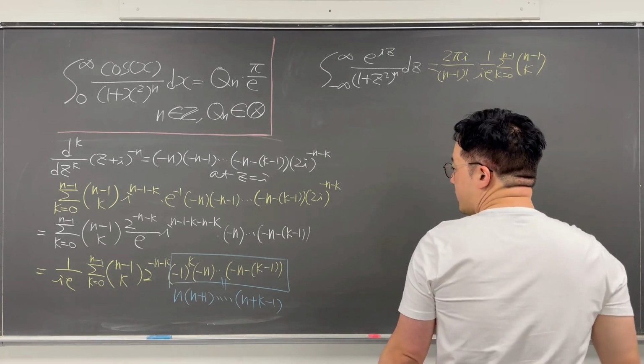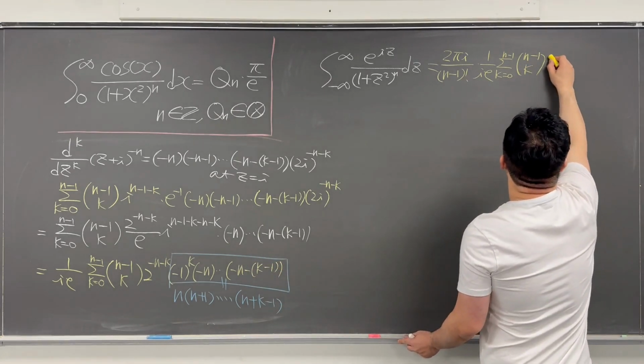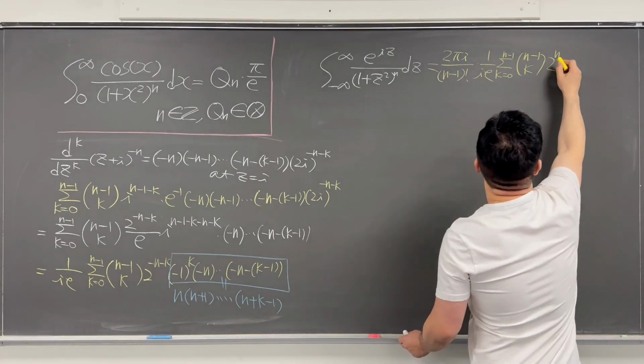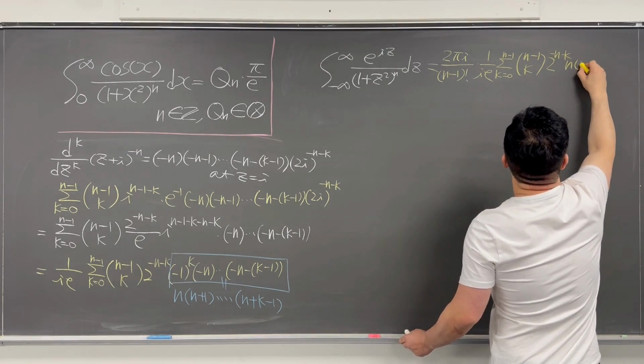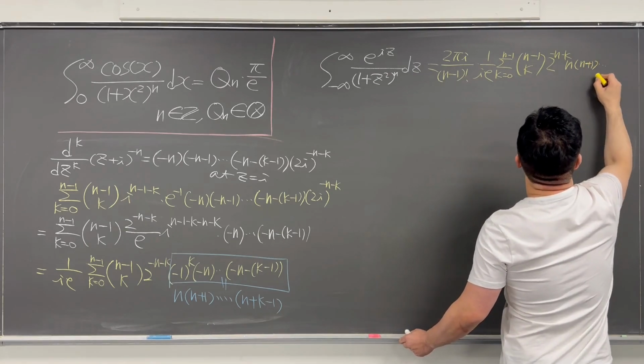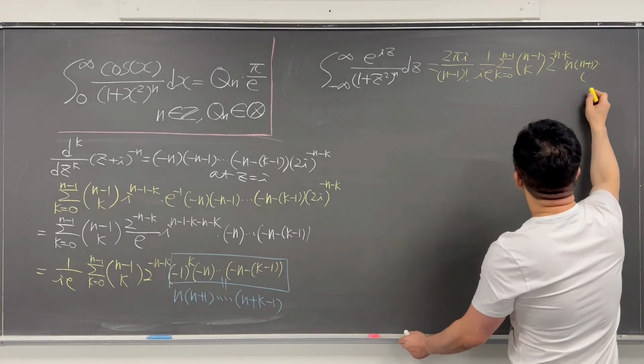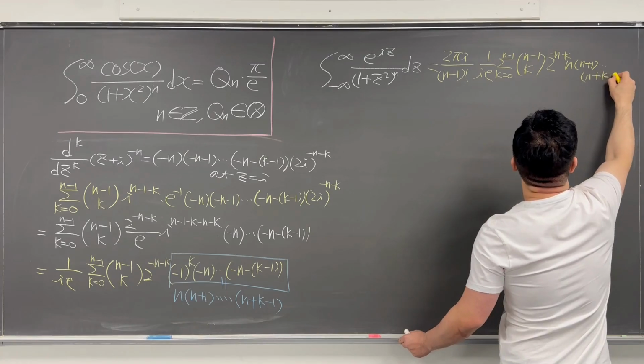And that times 2 to the power of negative n minus k. Then that times n plus 1 times all the way up to n plus k minus 1.